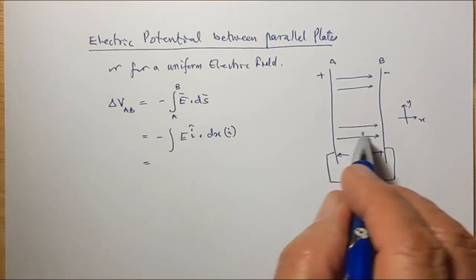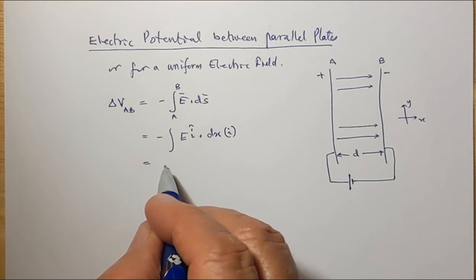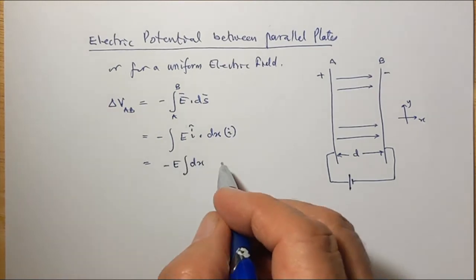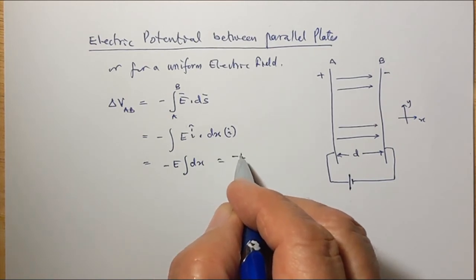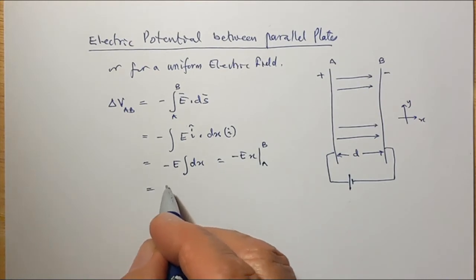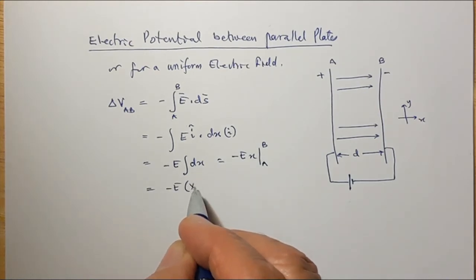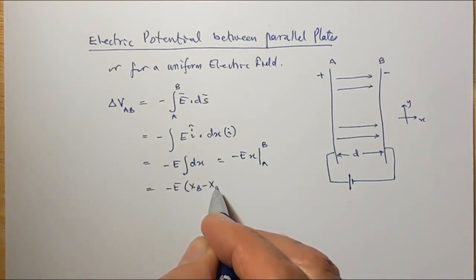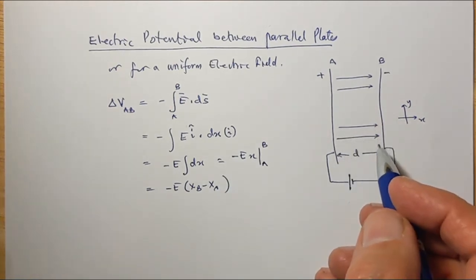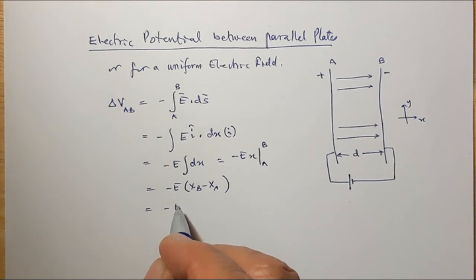The electric field is uniform, which means it's constant, so it will become E times the integral of dx, which is Ex, with the limits from A to B. So it's simply going to be minus E times x of B minus x of A, which is simply the distance d, so minus E times d.